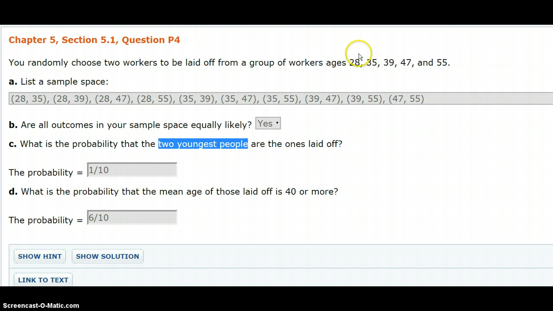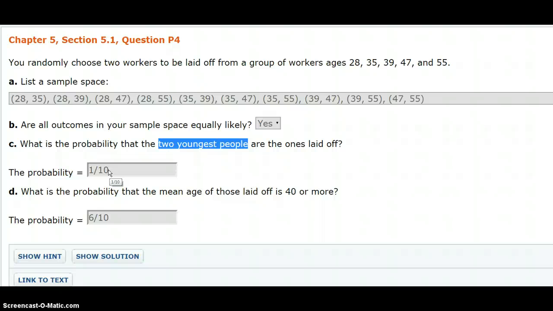If we have to have the 28-year-old and the 35-year-old, there's only one outcome in our sample space that will do that. So the numerator should be a 1. On the bottom, we're looking for all the outcomes in our sample space, so we have 10 of them. So we would have 1 over 10 for our probability, or 0.10.